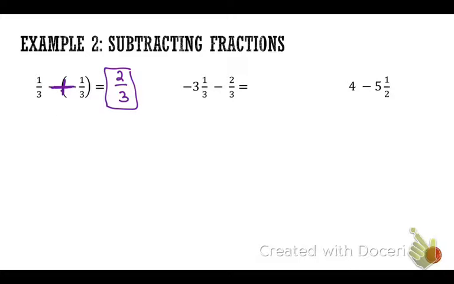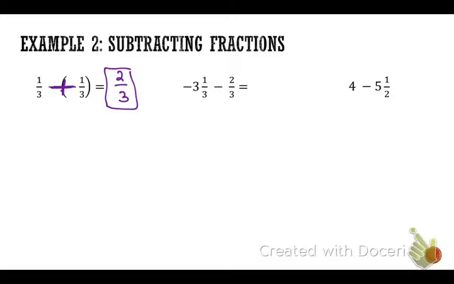Okay. So now I have negative 3 1/3 minus 2/3. All right. Now remember, yesterday we talked about mixed numbers. It can get very confusing when you're like, okay, same sign or different sign. Do I add? Do I subtract? So yesterday I told you to do something to all of your mixed numbers.